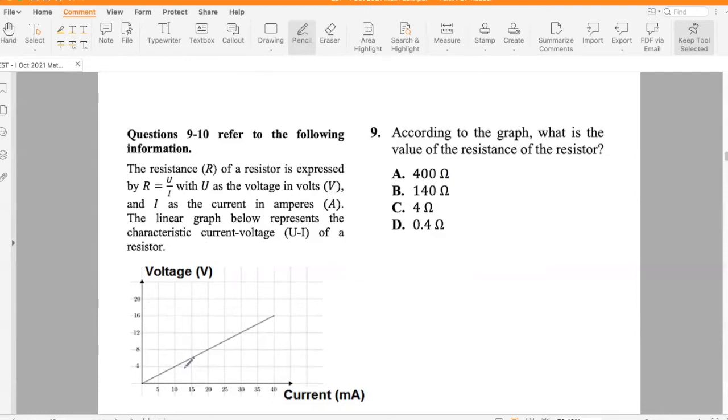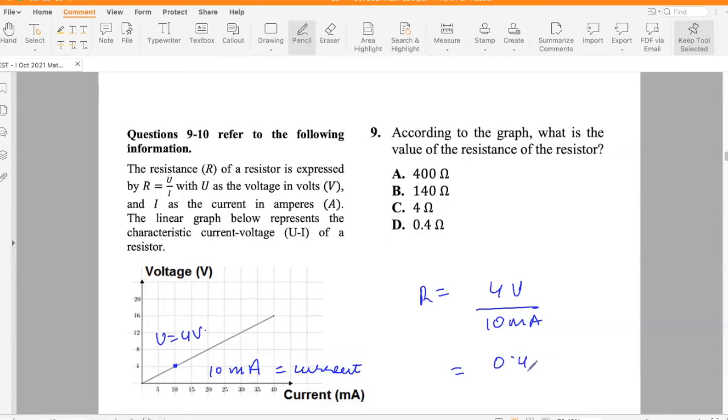Right, so let's work with this point. So here we have 10 milliampere is the current, and the voltage is 4 volts. So the resistor will be 4 volts by 10 milliamperes. So that's 0.4.